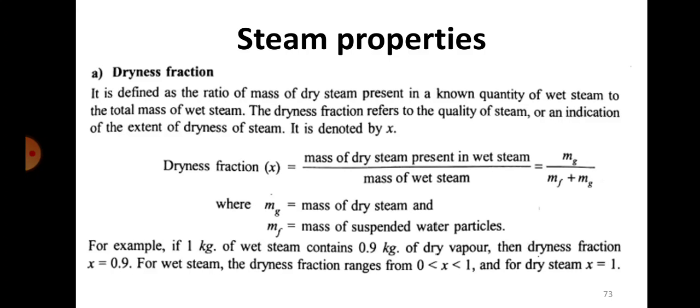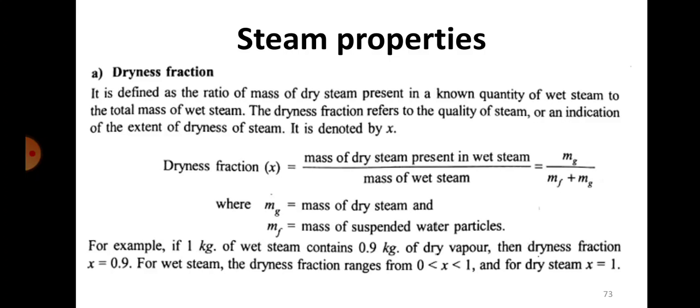Okay, so the mass of the dry steam present in the wet steam divided by the total mass of the steam, where mg is the mass of the dry steam and mf is the mass of water particles. For example, let's say 1 kg of wet steam contains 0.9 kg of dry vapor, then the dryness fraction will be 0.9. Understand? So mg is 0.9, mf is 0.1.